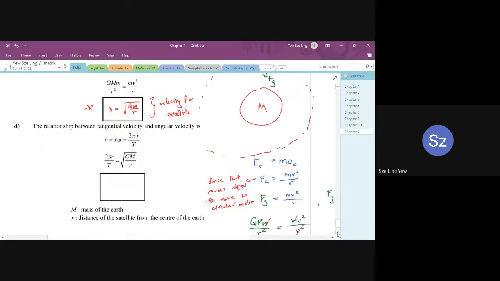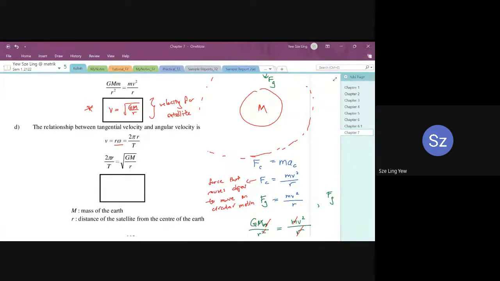So the relationship between the tangential velocity and the angular velocity is v equals r omega. This is what we learned in chapter 6. r omega is also equal to 2 pi r over T. So v, other than equaling the square root of GM over r, when you are looking at the velocity in a circular motion, is also equal to 2 pi r over T. So 2 pi r over T equals the square root of GM over r.